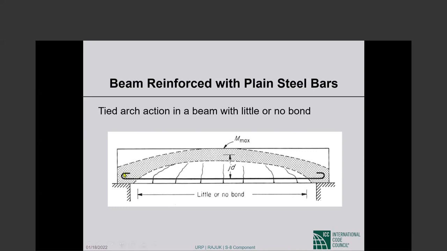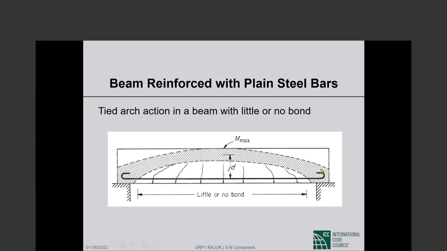However, if you hook the ends of the bar, then the beam does not have to fail when bond fails, because the beam then will or can act as a tied arch. The shaded portions are concrete in compression, and so that forms an arch inside the beam.